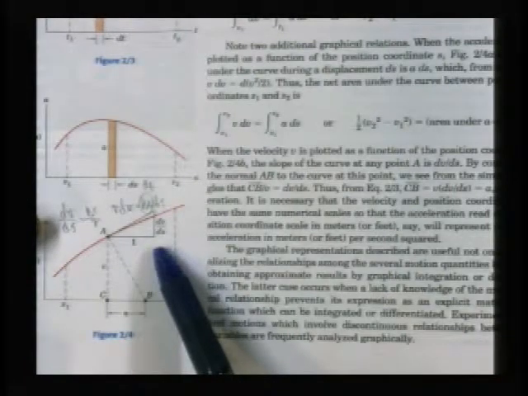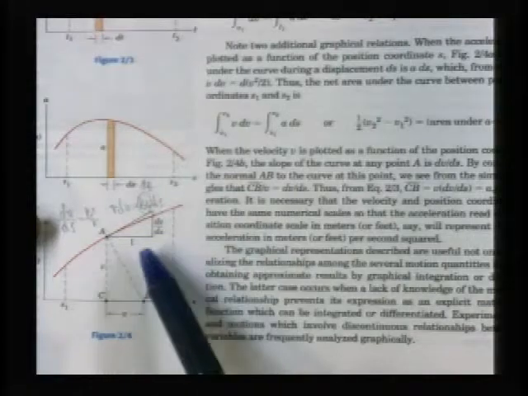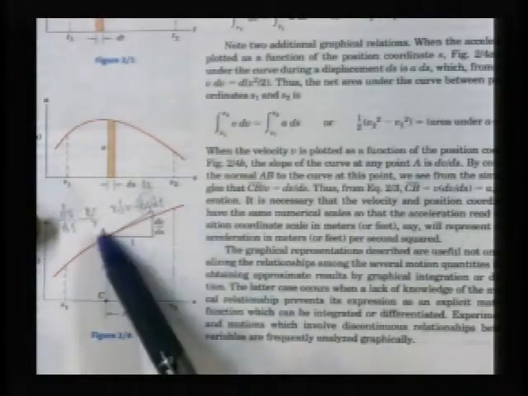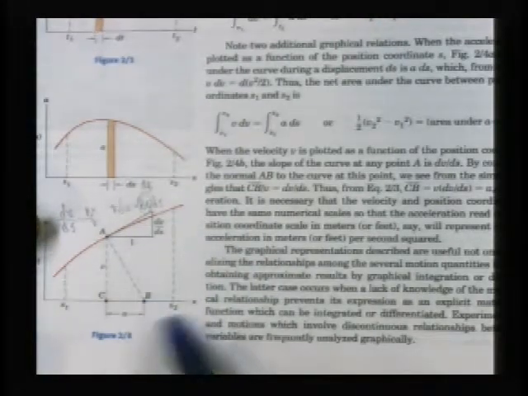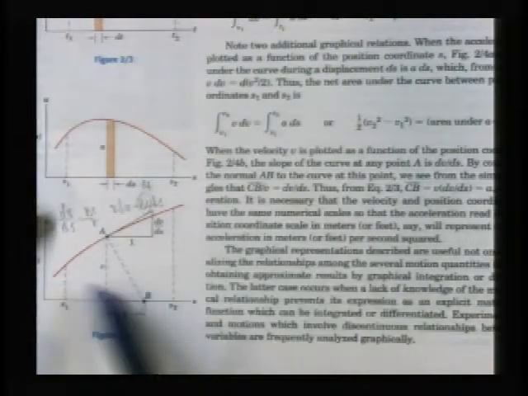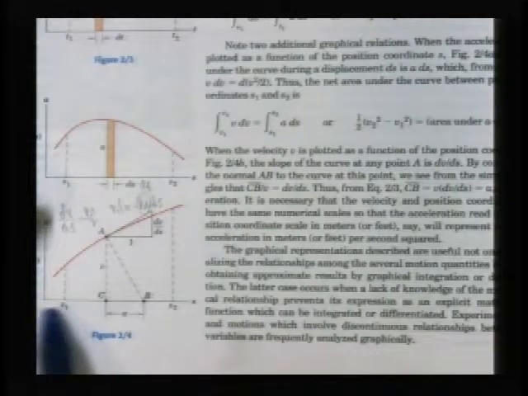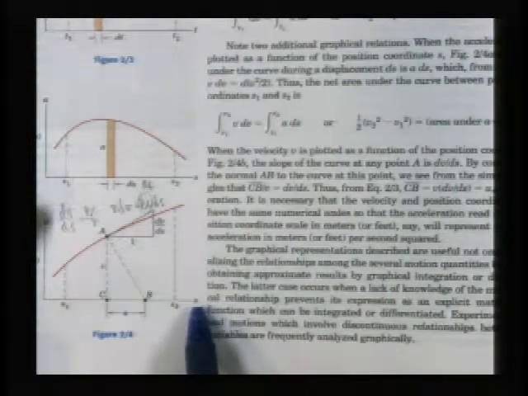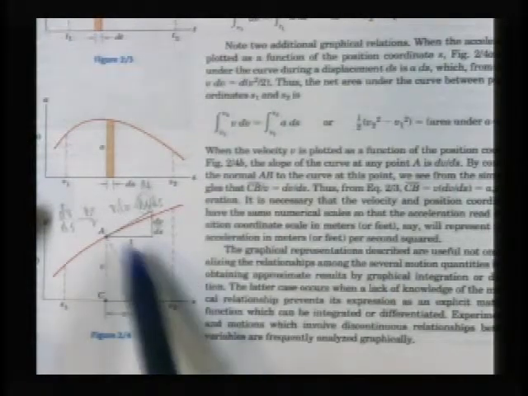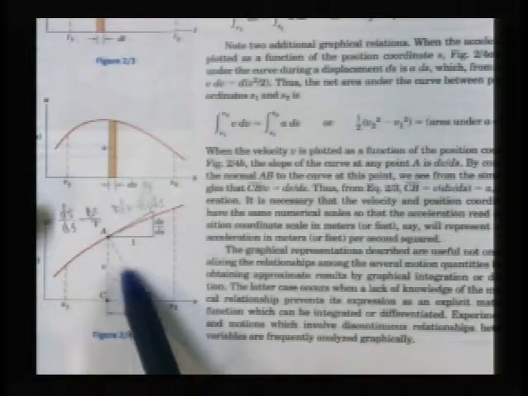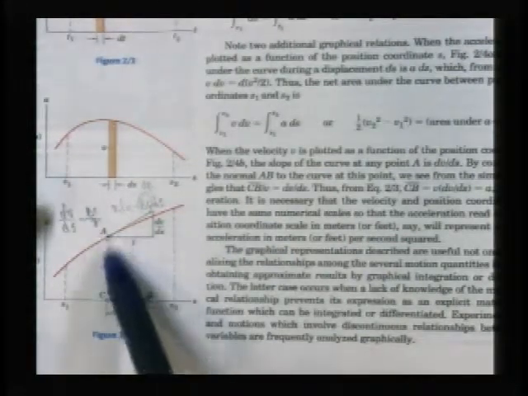So that's the slope of the tangency. Now, if you then draw a perpendicular to the tangency and use equal scaling, in other words, a meter per second here is going to correspond to a meter of spacing down here. So if you use equal scaling on it and you draw a perpendicular to the tangency here, then this height right here is v.